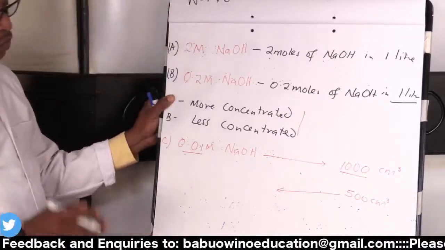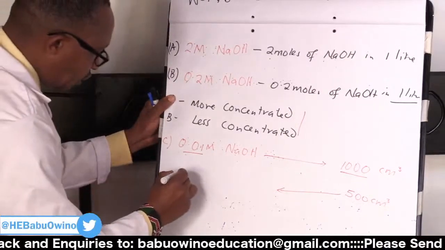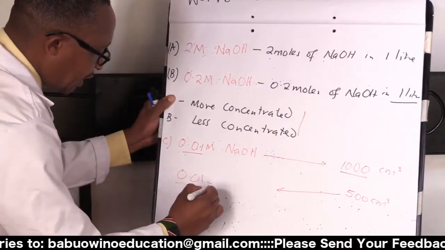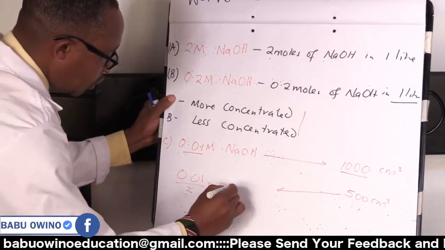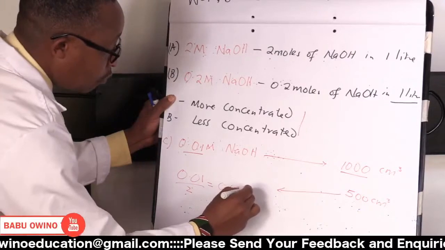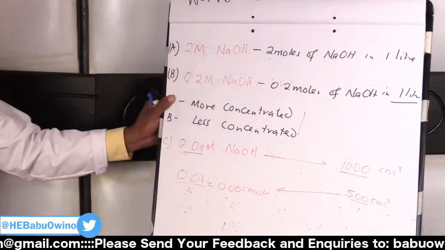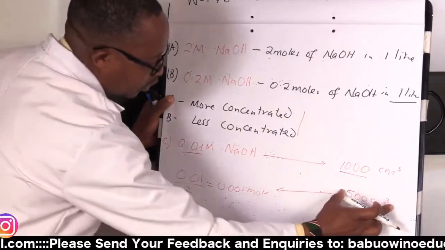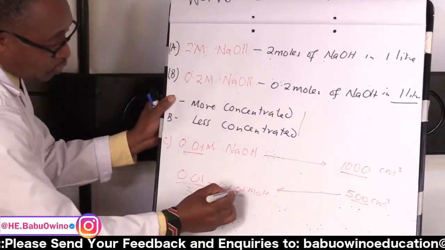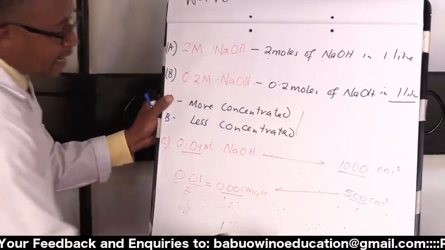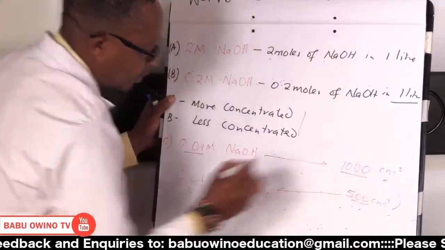Because the mixture was uniform, it is 0.01 divided by 2, and this gives us 0.005 moles all in 500. So if we fetch a solution that has 0.005 moles in 500 centimeters cubed, it has the same concentration as this.